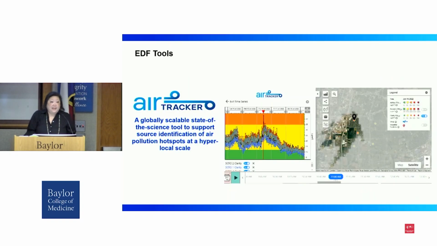We also have EDF's Air Tracker, which is amazing. You maybe have seen this before, some of you, but it uses the NASA or NOAA meteorologic models in order to understand weather patterns and how the movement of air is in an area. And so this helps us to understand the potential sources that are related to the different air pollution.